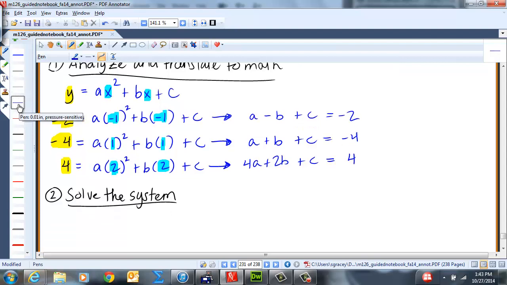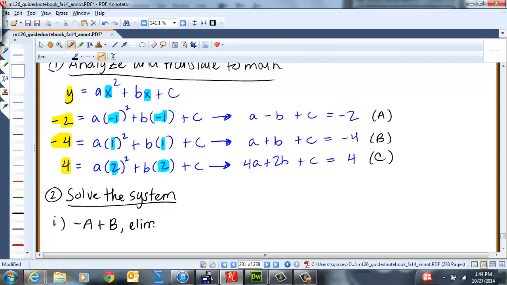So here we go. If we name these equations A, B, and C, our first step will be negative A plus B, and we're going to eliminate c. Actually, that's the small c there.